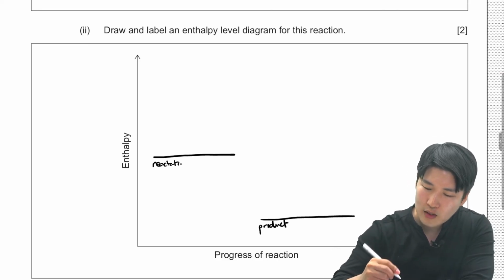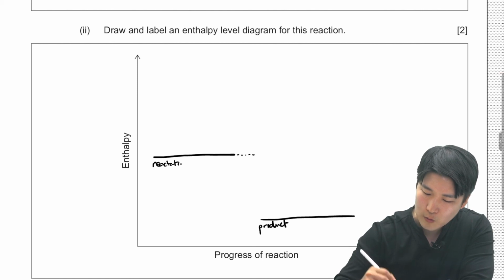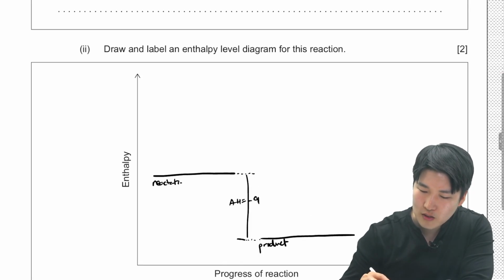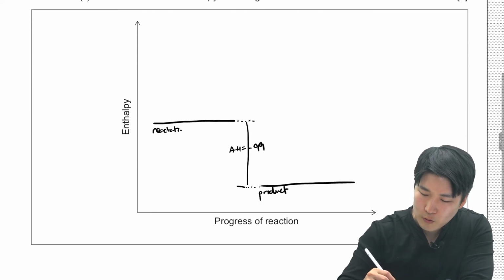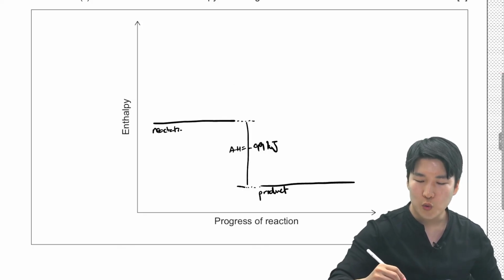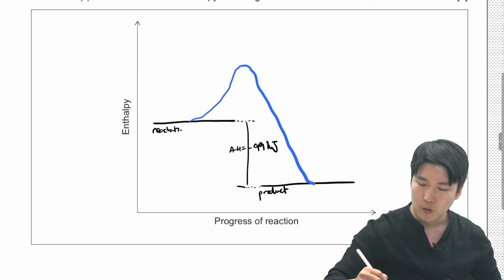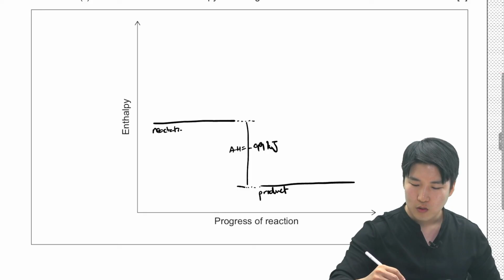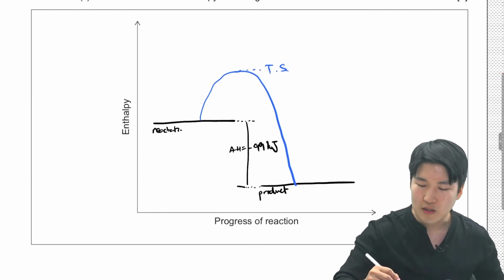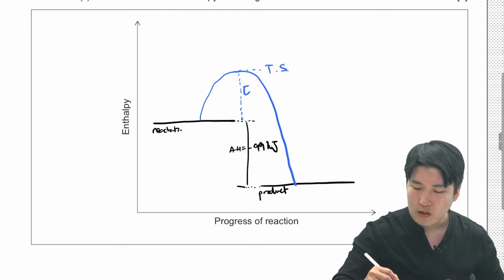We will have a delta H value that corresponds to the value we have calculated as minus 99 kilojoules. Not displayed, but we can also speculate how that will be: the transition state as well as the activation energy.